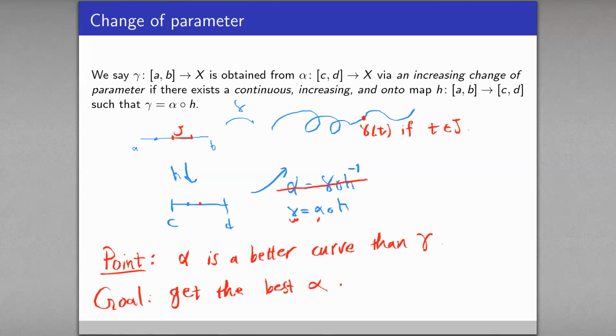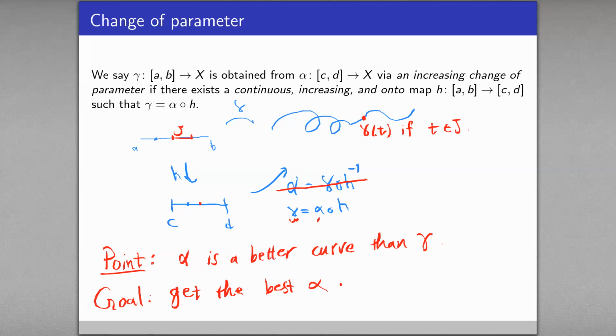And alpha will be a reparameterization of gamma. And we will see that alpha will have no interval of constancy. Furthermore, it will be parameterized by arclength, but that is coming up next.